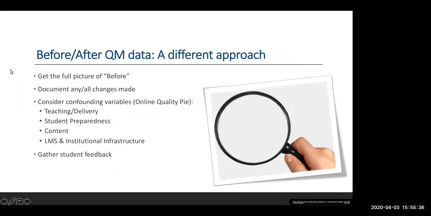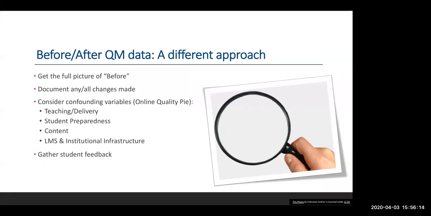So in this case, for before and after Quality Matters certification, first of all, if you want to do research around this, and this is probably the most commonly asked about research project when I talk to members who want to do QM focused research, it really is important to get the full picture of before, meaning before I revise my course, before I do anything, I'm going to see how that course measures up. For example, I might do an informal QM review as it stands now, so I know which standards are currently not met in that course.